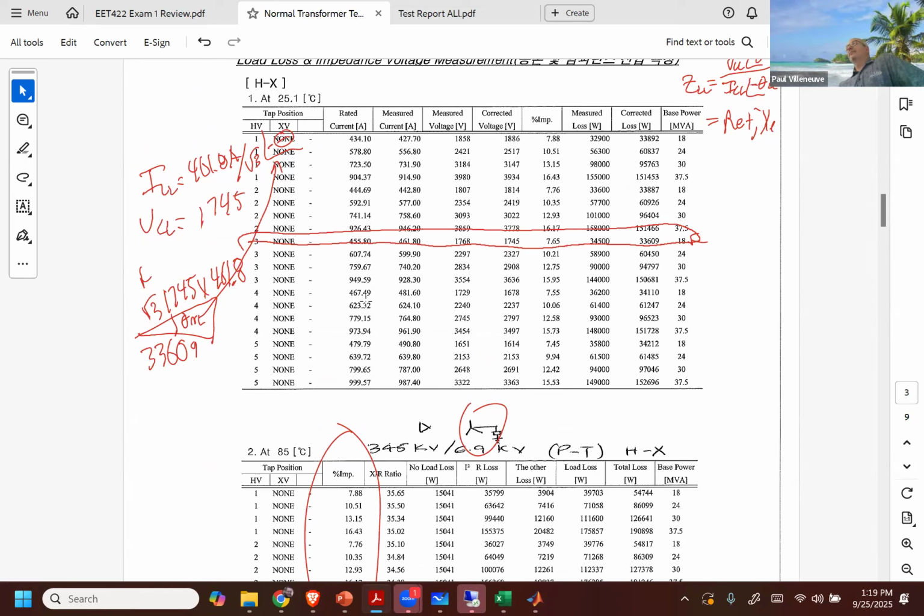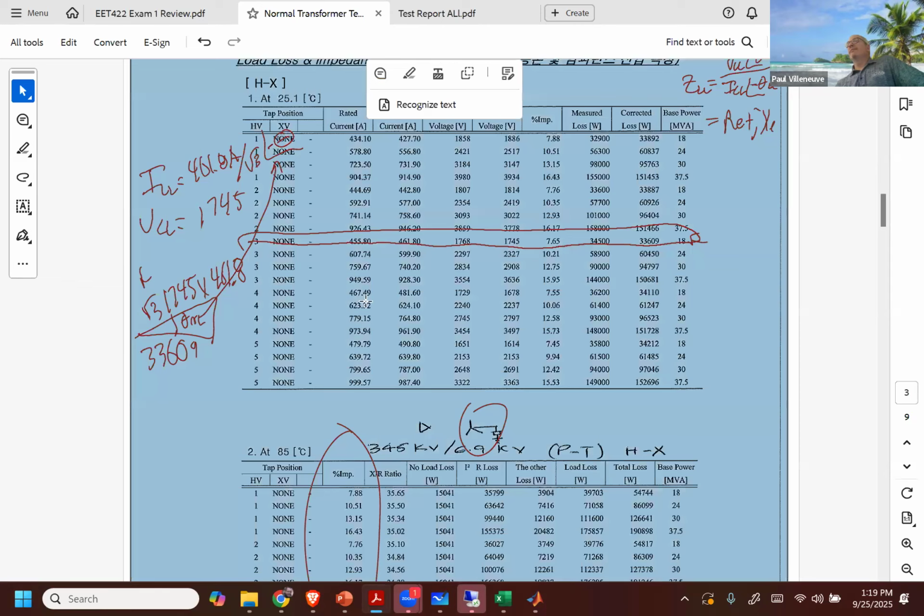That seems like a crazy power factor. Why? What's the power factor? It will be 33,609 divided by that product, right? Yep. Then take the inverse cosine of that. Well, that would be the angle. So what's the angle?